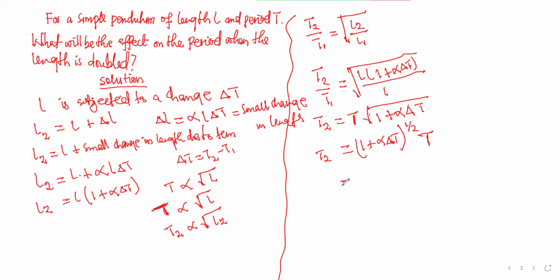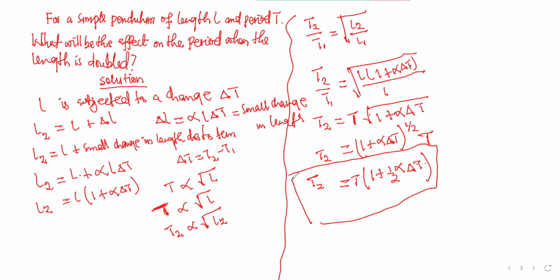And when we simplify this to the second term, we have T2 equals T1 times 1 plus half alpha delta T. All the other terms will be so small. So this is how the period will change for a grandfather clock whose string is made of metal, which can be affected by temperature.